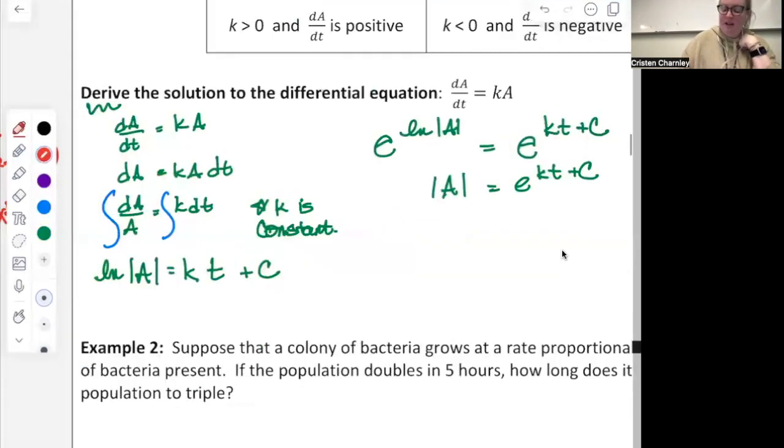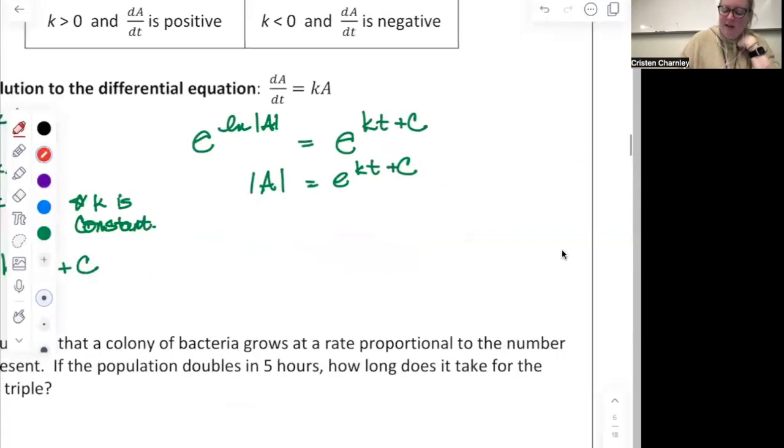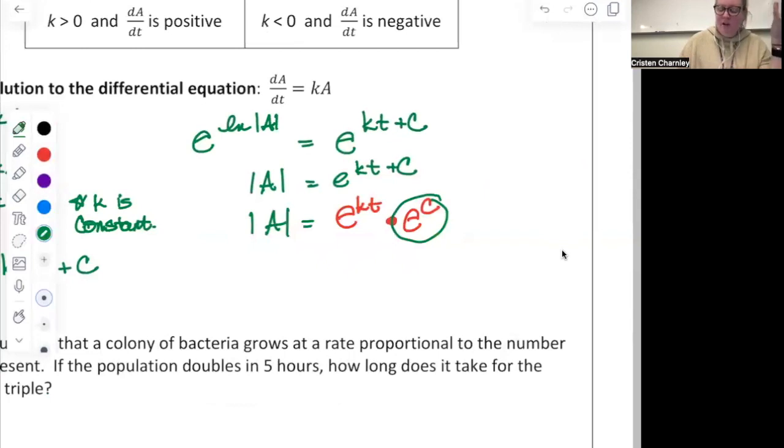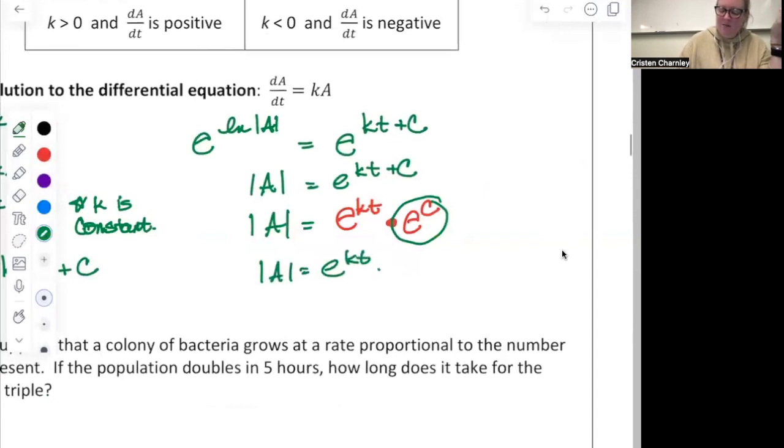So that's exactly what I'm going to do over here on the right-hand side. This is E to the KT times E to the C. I know this looks a little bit weird. So with my log rules, E is really 2.7, and 2.7 raised to a constant is still a constant. So this is the absolute value of A is E to the KT times C. And we'll bring that to the front.